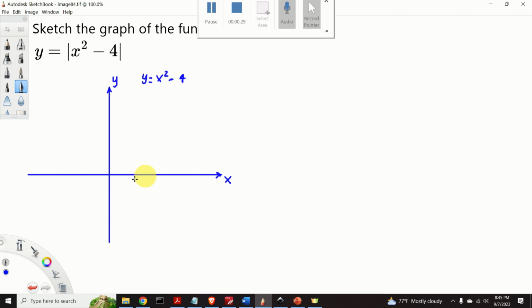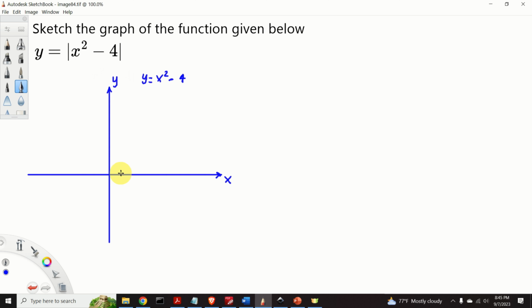Obviously, this function has zeros at 2 and at minus 2. Then, when x is equal to 0, this function is minus 4. Consequently, let's sketch the point minus 4. Here it is.